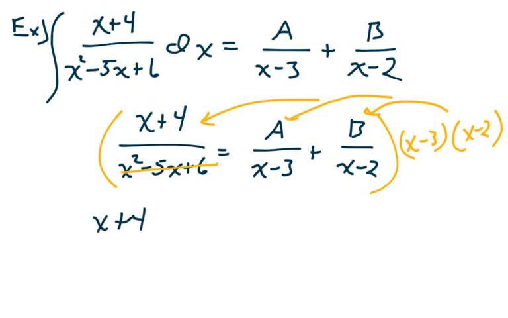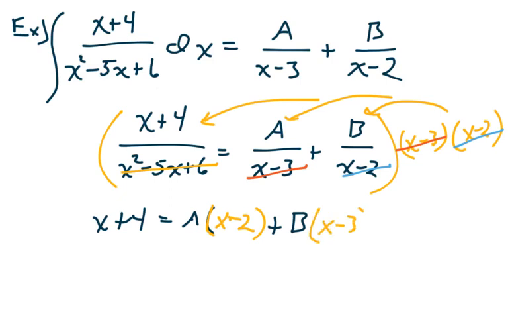Our next cancellation is that the x minus 3's are going to cancel, which is going to leave us with just the x minus 2. And for our last cancellation, the x minus 2's will cancel, but that will leave us with the x minus 3. Now, notice that we're also left with the A and B, which is beside both of those corresponding factors.